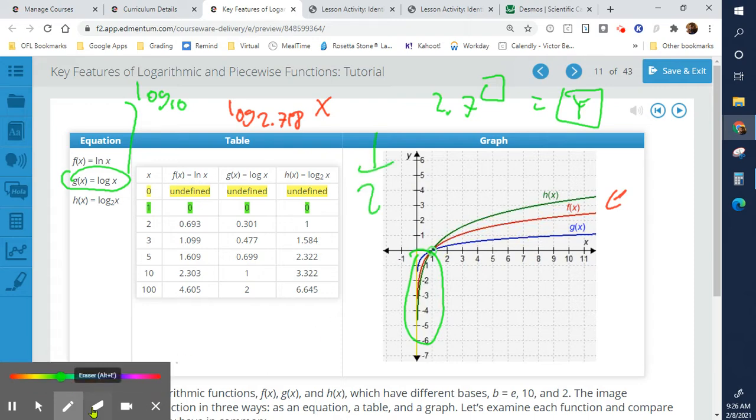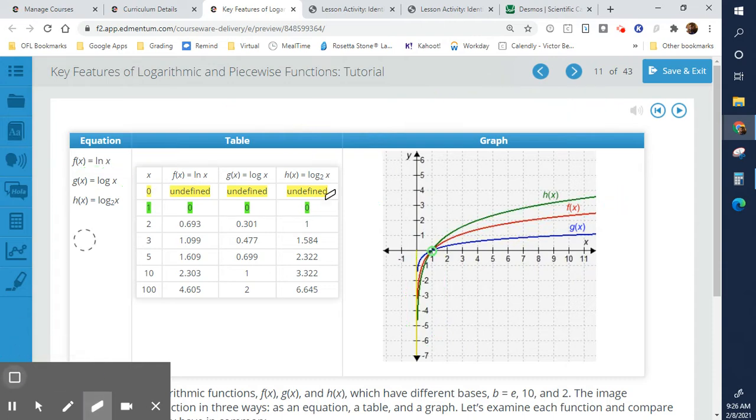It's very weird to think about how it's growing, but all you really need to understand is what's happening afterwards. The bigger the base, the faster it's growing. So this h of x is this graph right here, the log base 2. This ends up growing faster even though it's a smaller base.